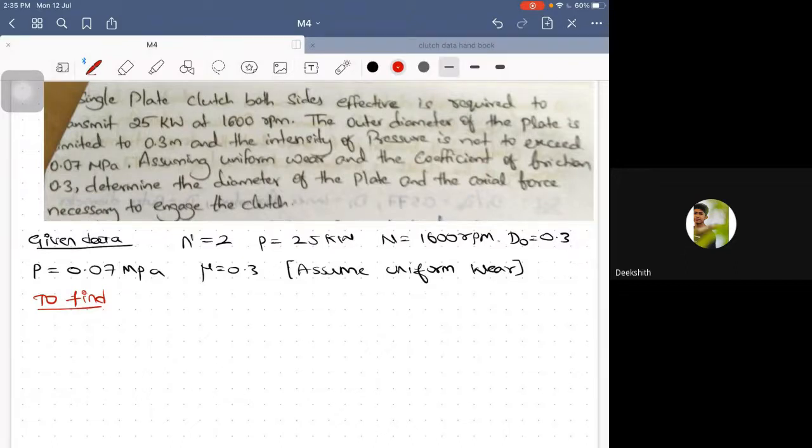What is being asked in this problem? Good. So the value of Fa is asked, and even the value of di is asked. Both of these have to be found out.